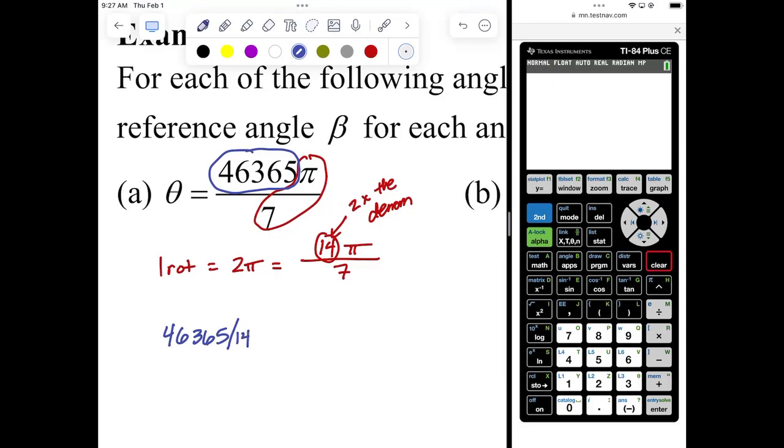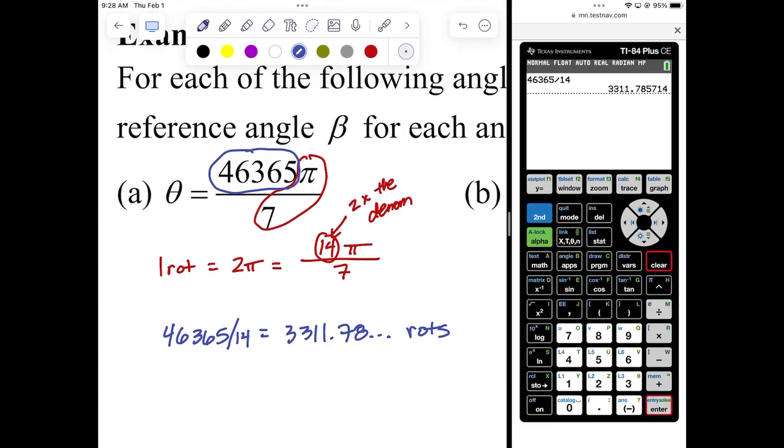I'm going to divide by 14. That's twice the denominator. Let's see what we get. 46,365 divided by 14. This gives me the number of rotations. So just like we did when we had degrees, except we're dividing by a different number now, 14, because that's twice the denominator.